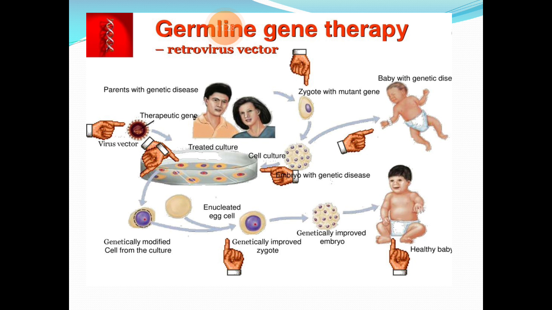You will get a genetically improved zygote, and the embryo developing out of this zygote will be normal, and the baby coming out of this genetically improved embryo is going to be a healthy baby without any genetic disease.